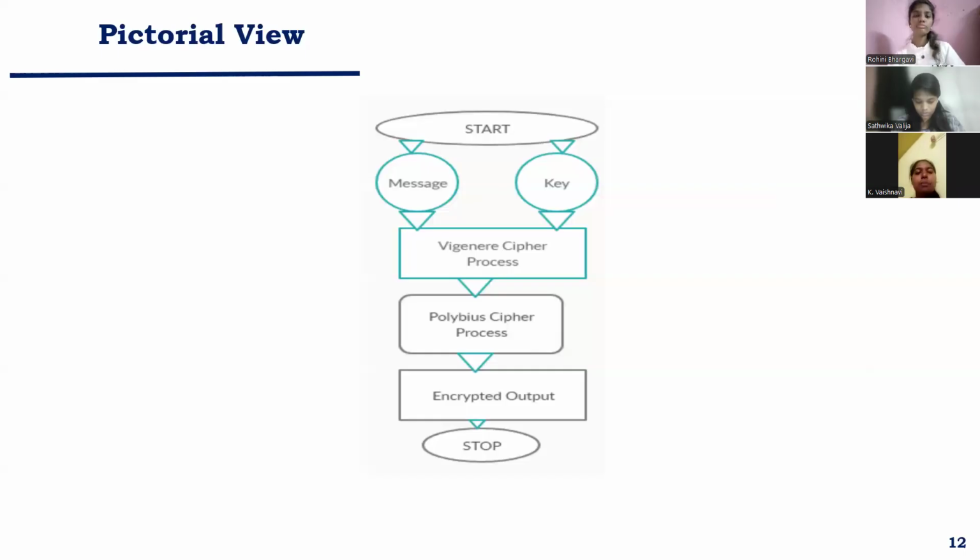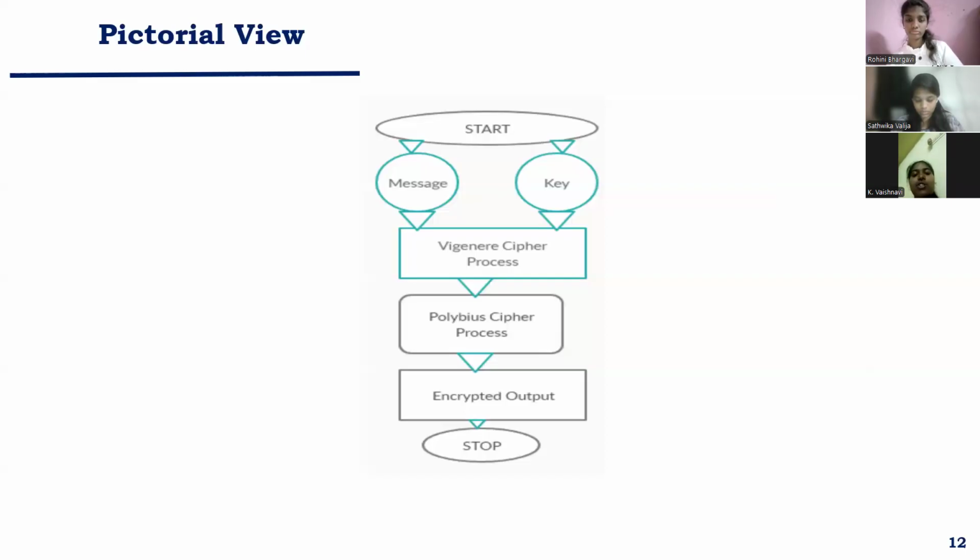Coming to this picture, when the sender sends a message, a key is formed, and it undergoes the Vigenere cipher process and then again the Polybius cipher process.